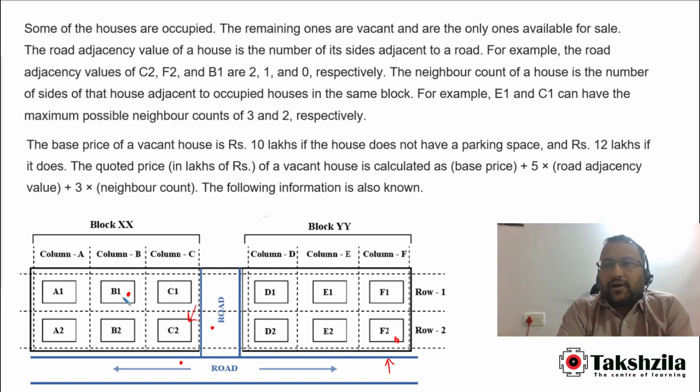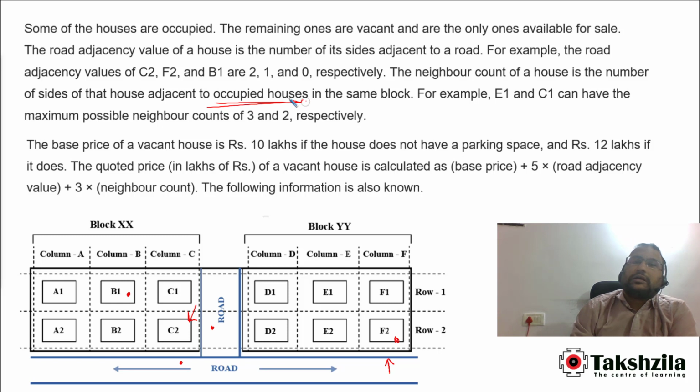The neighbor count of a house is the number of sides of that house adjacent to occupied houses in the same block. For example, E1 and C1 can have a maximum possible neighbor count of 3 and 2 respectively. Let's understand this statement first of all. Let's talk about E2.